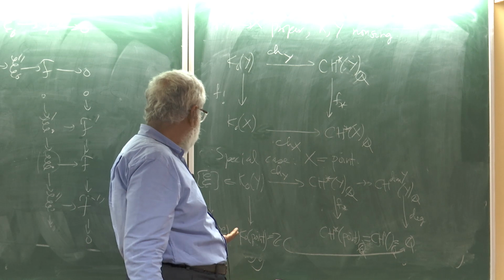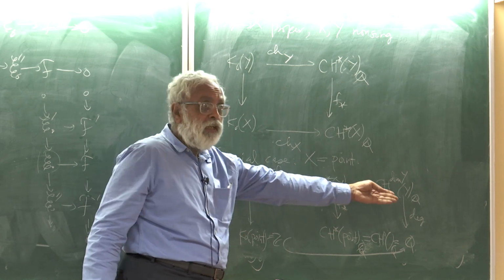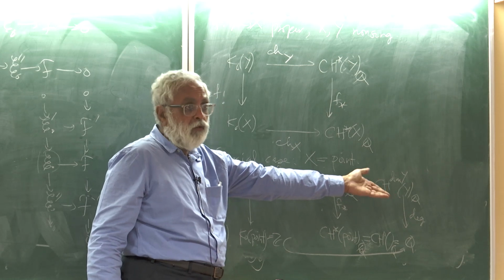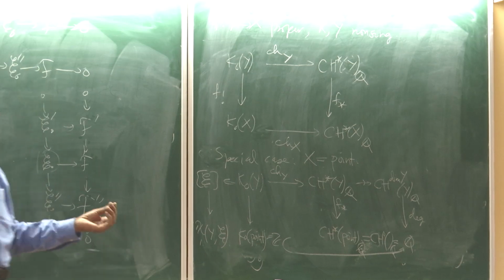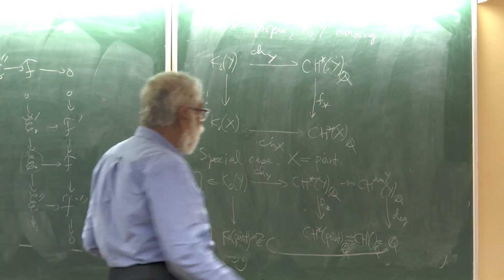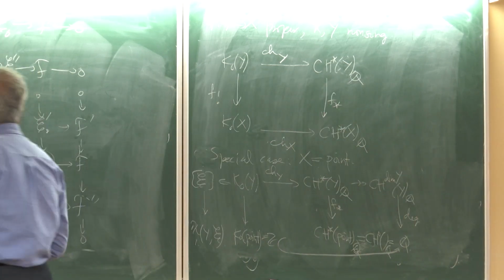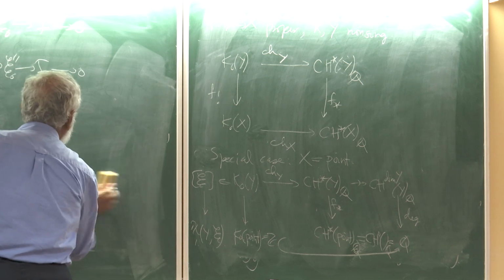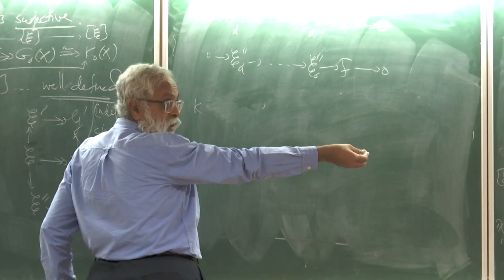What is the relation between chi of the sheaf and the degree of the top component of the Chern character? They're not equal, right? Even for Riemann-Roch for curves and so on, there were some terms involving the tangent sheaf. So the general theorem, the so-called Hirzebruch-Riemann-Roch theorem, would say that you modify that diagram in the following fashion. Even for curves, it's not correct, is what I'm trying to say.